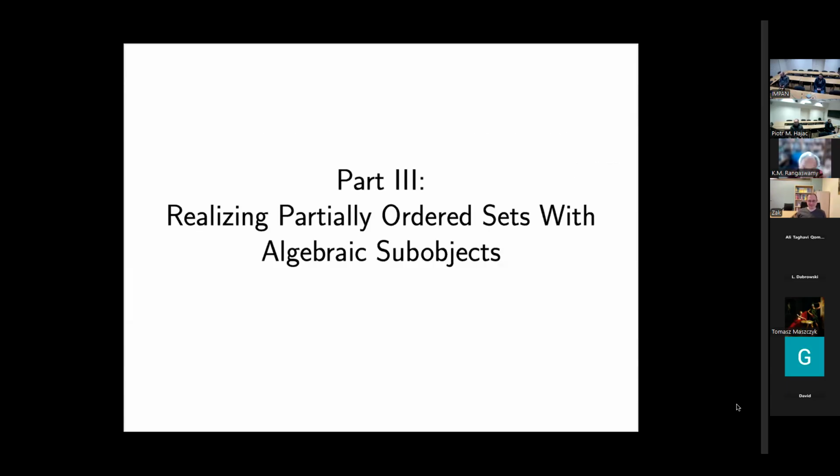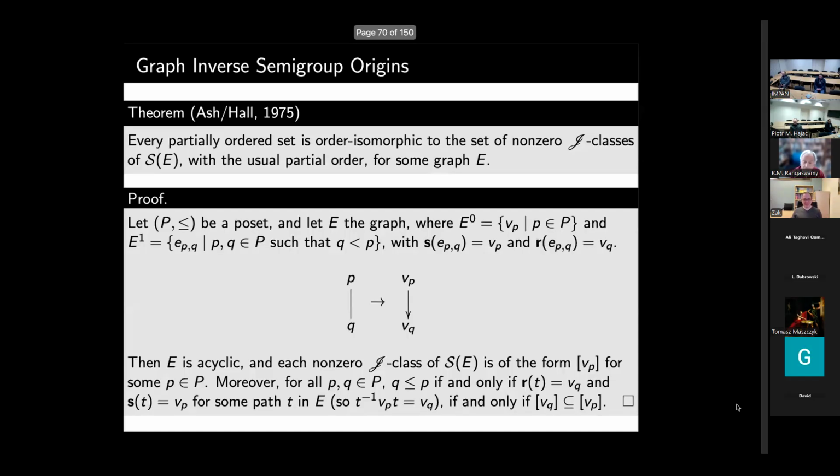Okay. Part three. Now I want to talk about something in more detail. So here, I showed you this before. This is where graph inverse semigroups came from. It was in order to try to construct partially ordered sets with desired properties from semigroups.